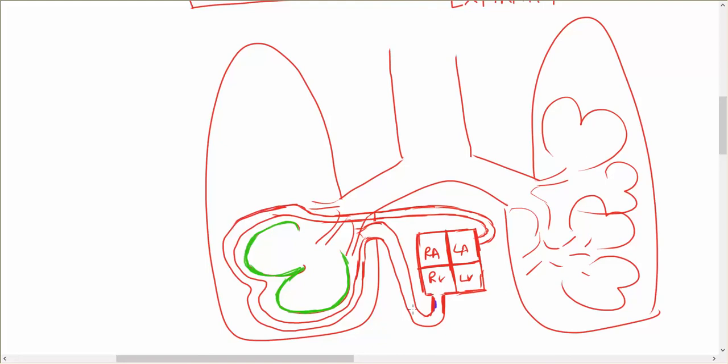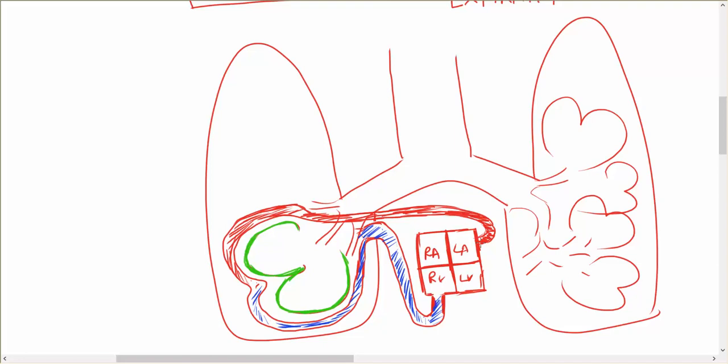So the deoxygenated blood comes from the pulmonary artery, gives branches, small arteries are formed, and they go to the capillary, and here they get oxygenated and come out as oxygenated blood into the left atrium.